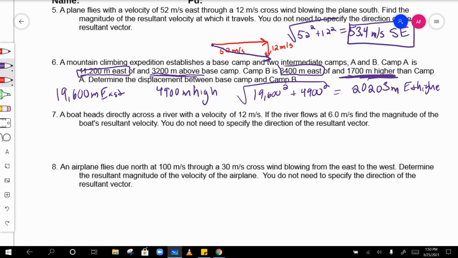Again, we don't really have to include the direction, but basically, if you were to go in a straight line from the base camp to Camp B, it would take you 20,203 meters. Or as they say, as the crow flies, right? So not only would you be going east, but you'd also be increasing your elevation.